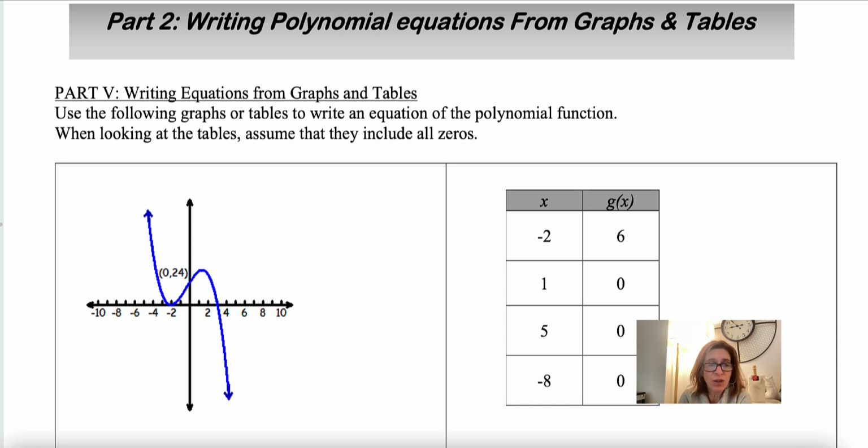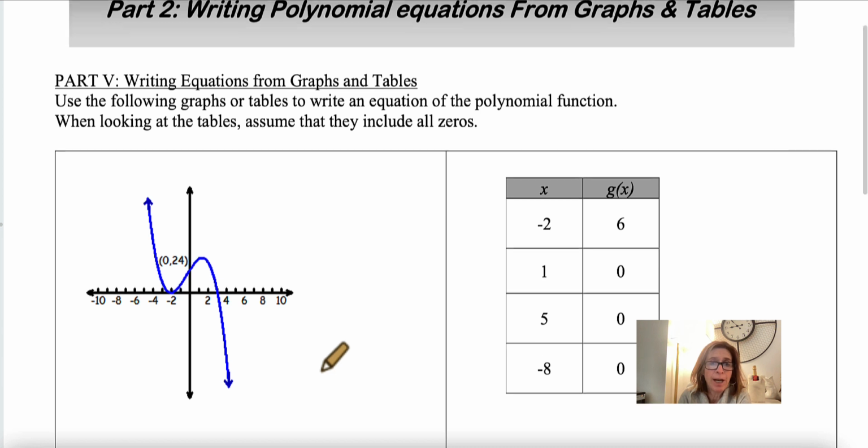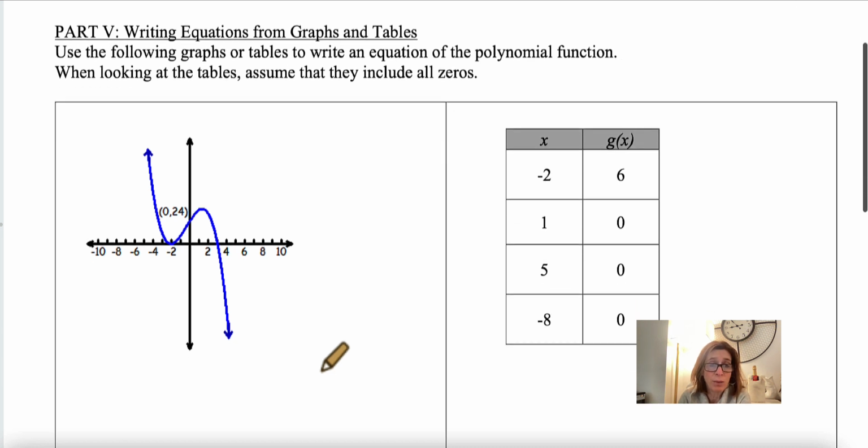If I'm looking at this first function from a graph, I'd love to be able to write a polynomial. So I really want to look at the end behavior, which here is up, down. That tells me that my polynomial is an odd degree. I see that it's got an x-intercept here at -2, so I'm going to write that as a factor, which would be x plus 2.